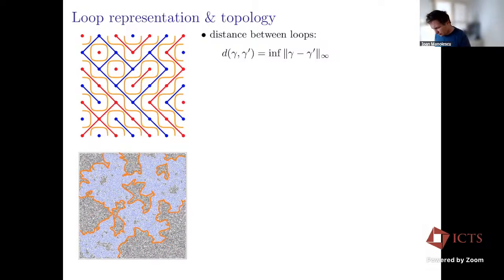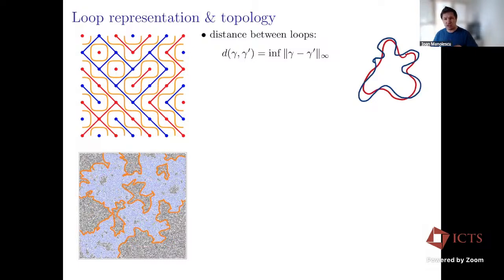So you first of all say that two loops, two paths in the plane, are close to each other if you can parameterize them by, say, 0, 1, such that they stay close to each other in infinite distance.